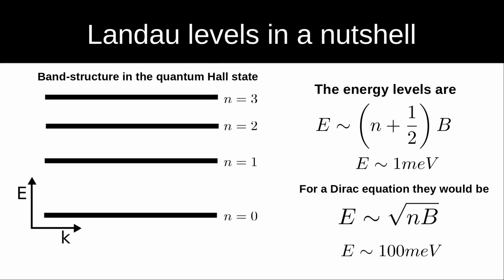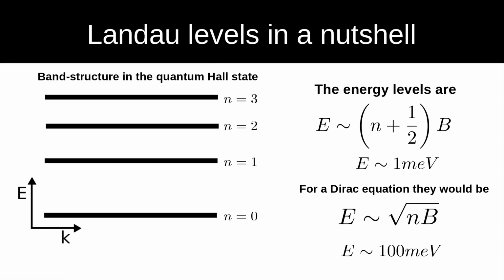The energy scale of these levels is what is called the Landau level energy. And for a two-dimensional electron gas that has a parabolic dispersion, governed by an energy dispersion of p squared over 2m, the typical energy scale is (n plus 1/2) times the magnetic field. So it's linearly proportional to the magnetic field, and the different Landau levels are equally spaced.